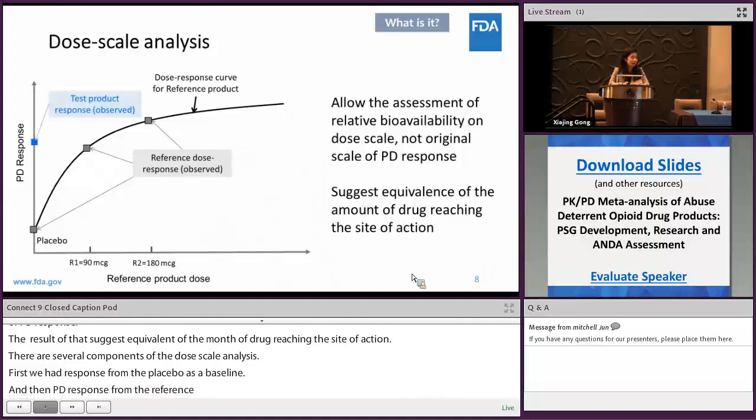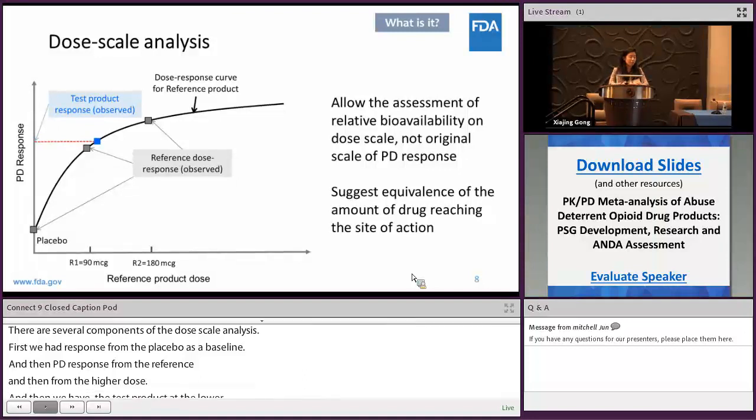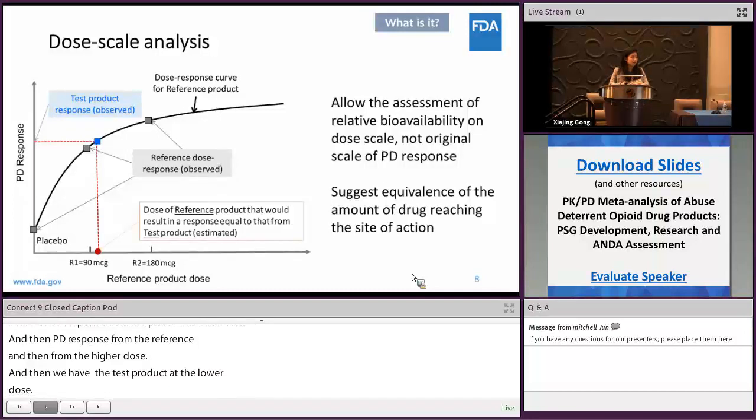And then we have a test product response at the lower dose. So in this case, it's at 90 micrograms. And using the dose response curve for the reference product we just fit, we could find the dose of reference product that would result in a response equal to that from the test product. It's an estimated value. And in this case, it's around 100 micrograms.